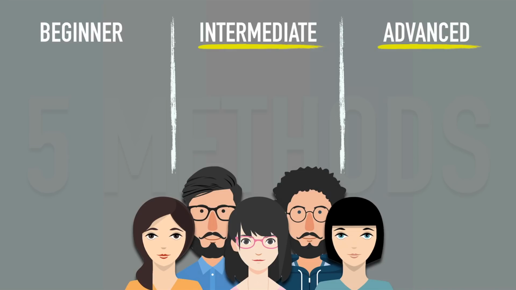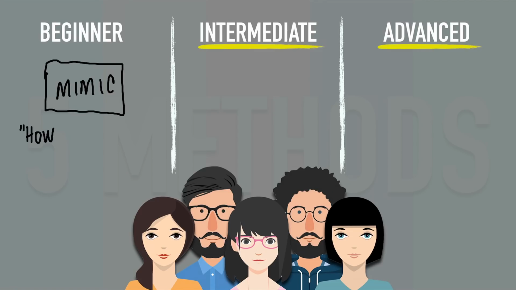You see, the beginner learner is focused on mimicking. Okay, mimic just means to copy. So, for example, when you first start learning English, you learn this. How are you? This is the question that you normally start off with.